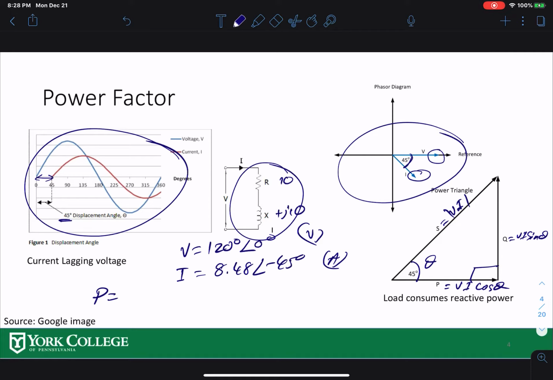That is 719.55 watts. That's your real power right there. Then you can find the reactive power as VI sine theta, and you can find the apparent power by just multiplying V and I.